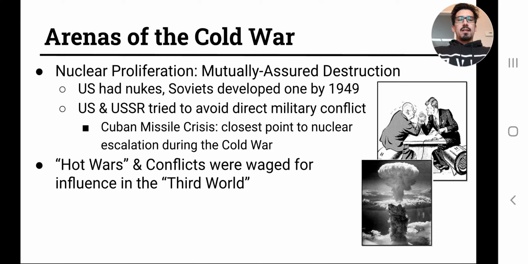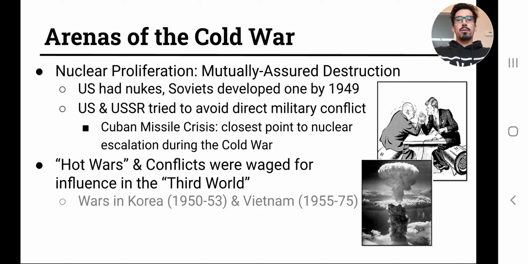Other arenas, some things that we call hot wars, the conflicts that were waged for influence in the Third World. So when we think about the Korean War and the Vietnam War that took place, the U.S. was fully involved in both. Those are both major hot wars, the purpose of which was to try to stop the spread of communism.